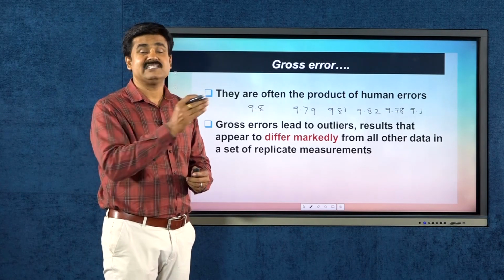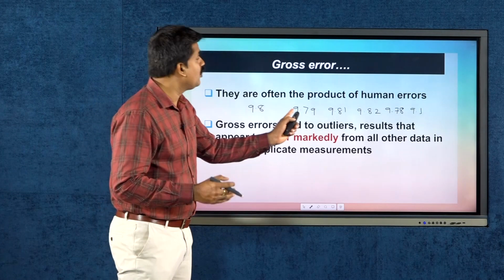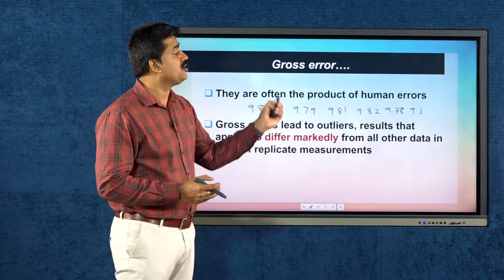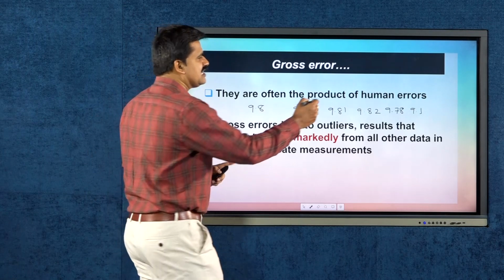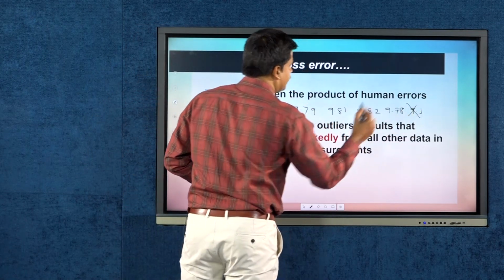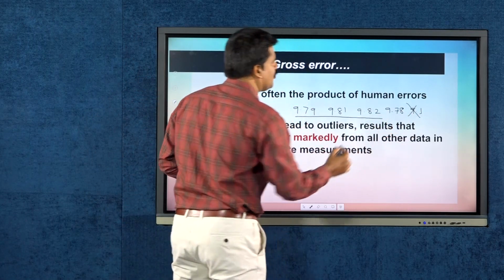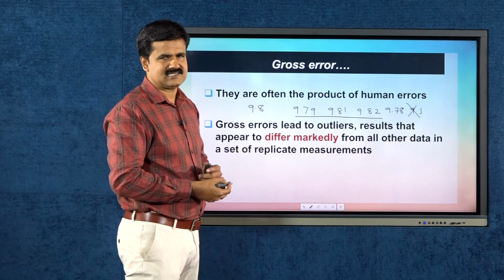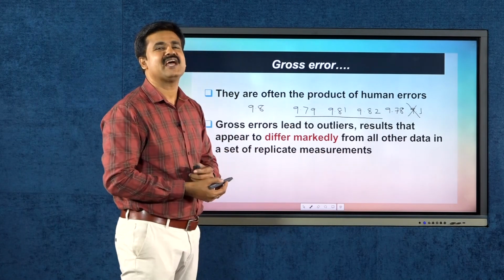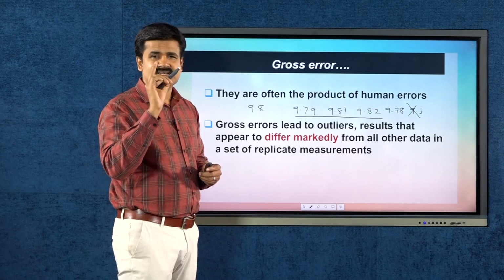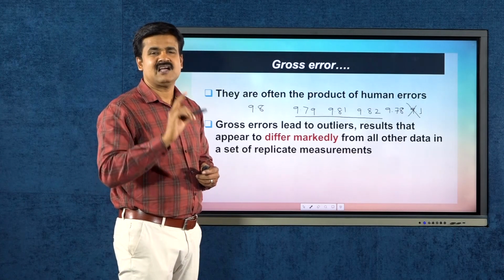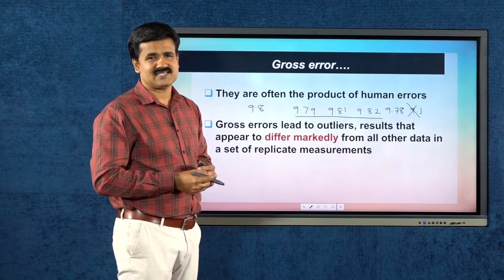That value is far away from all these values and far away from the true value. So, excluding this 9.1, the values are more or less accurate as well as precise. But the last value 9.1 is far away. It is against precision as well as against accuracy.